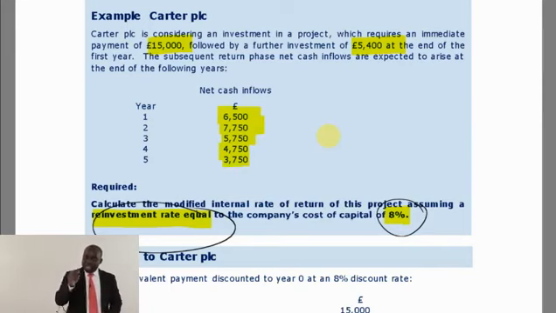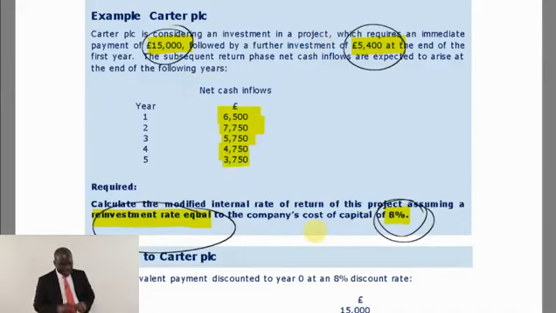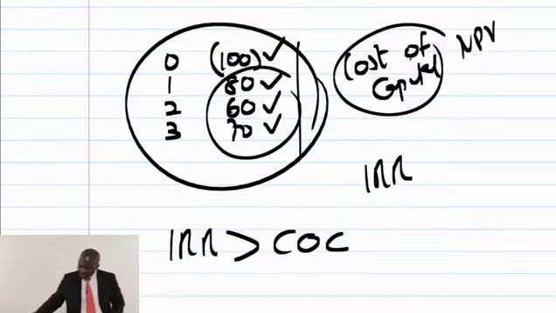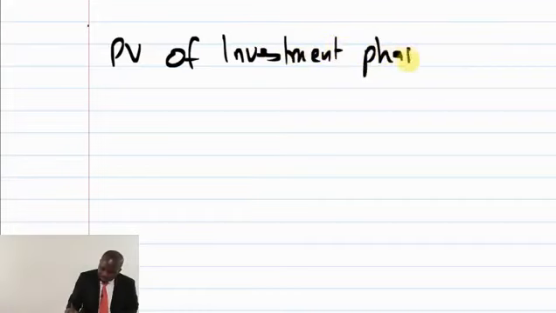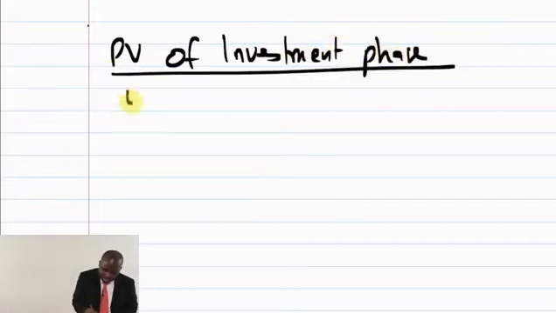Okay, so my investing phase cash flows are the 15,000 and the 5,400. I need to discount them using the 8%. So straightforward, I am going to say my PV of investment phase, year 0 and then year 1.